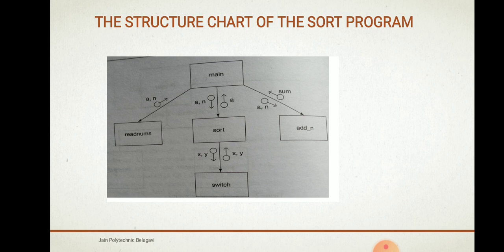Okay, now here two values have been returned, the sum from the add n function and an array containing the sorted numbers from the sort function. Now the sort function uses the switch cases by sending the parameters x and y, and again it will return x and y.